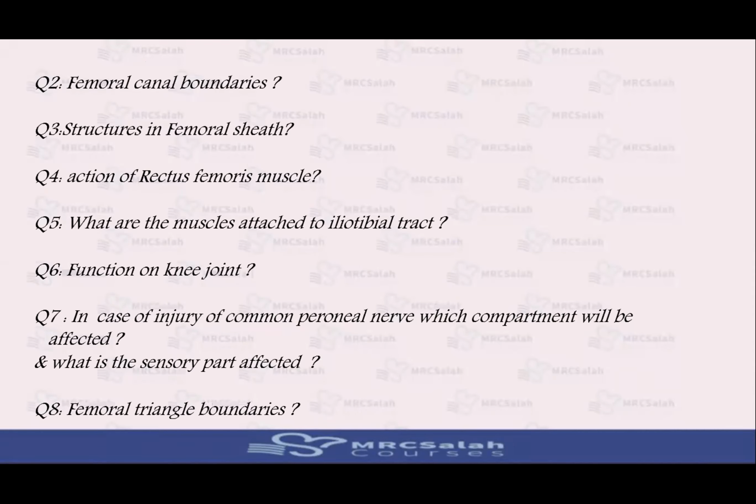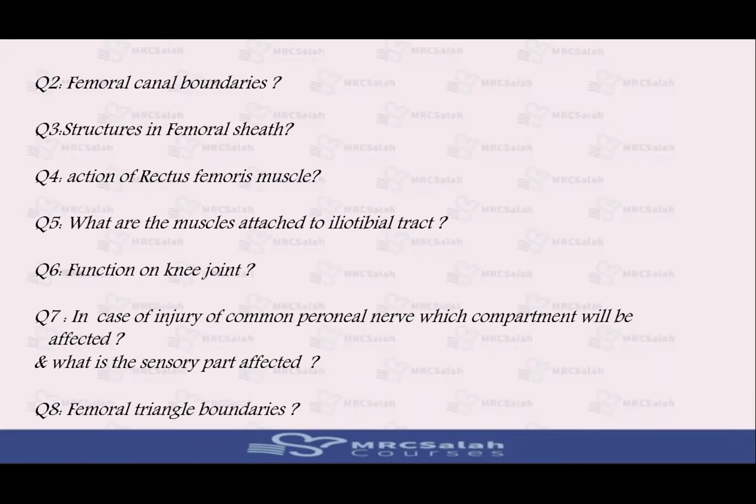Femoral triangle boundaries: superiorly it is attached to the inguinal ligament, and laterally, medially, I don't remember.